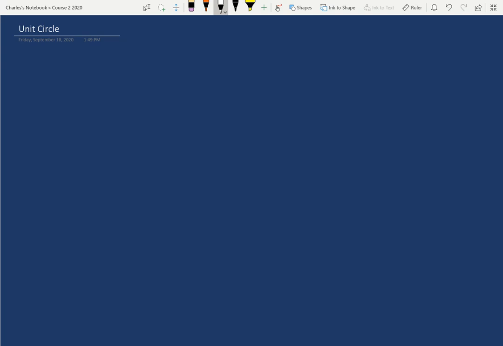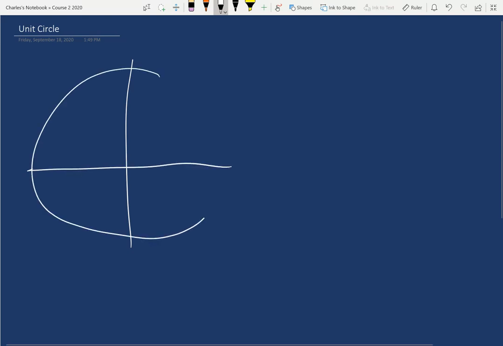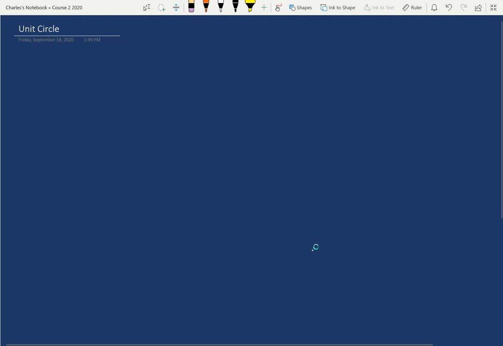The first thing that's important to know about the unit circle is that it's a circle, and there are other things that are important to know, but one of them is that there's an equation, x squared plus y squared is equal to 1. That's the equation that lists all the points on the unit circle.